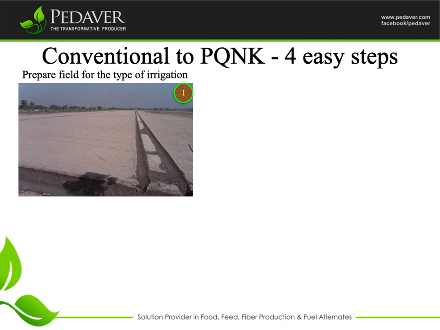So in this slide, I'm going to explain the 4 quick and easy steps to convert from conventional to Pichnic, which is paradoxical agriculture, or you can say Paedar Qudratti Nizam Kashatqari, and that is a sustainable agriculture farming system.